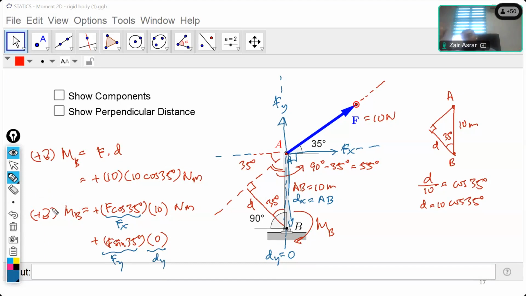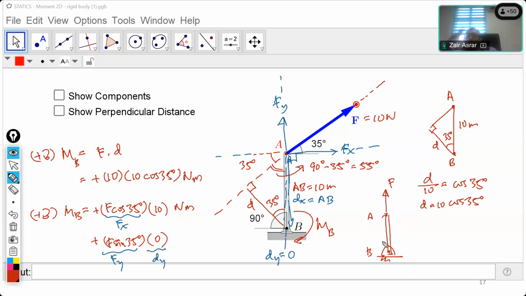To give you something to relate to physically, this is what we are having. Picture this in your mind. If I have the same AB, with this point B and this point A, instead of having this force at an angle of 35 degrees from the horizontal axis, I can also orient the force to be something like this, completely vertical, along the length of AB.